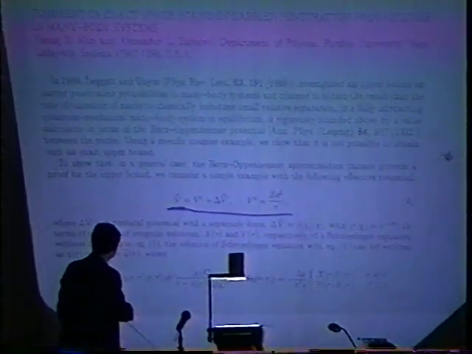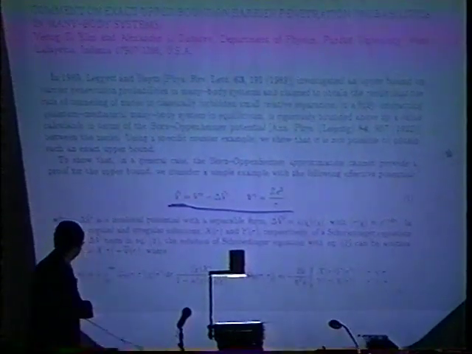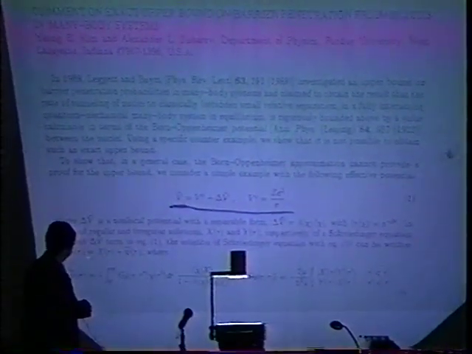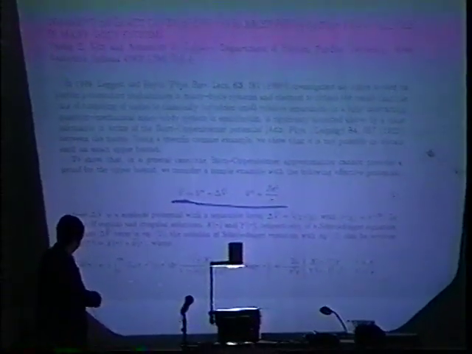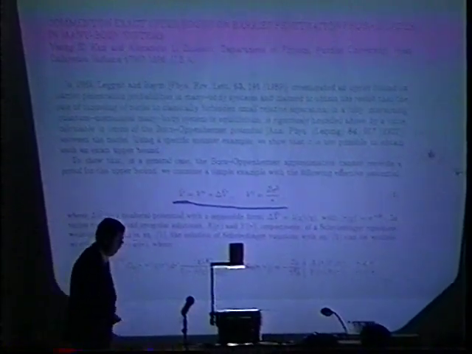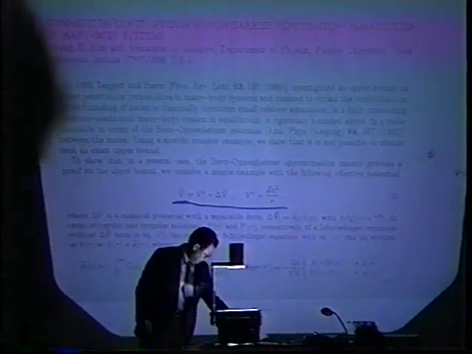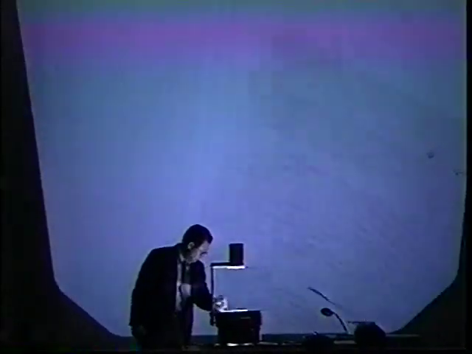You can solve the Schrödinger equation, and the solution looks like this. This is the ordinary Coulomb wave function, and this is the additional effect due to the additional potential. This can be done analytically, with no numerical work.